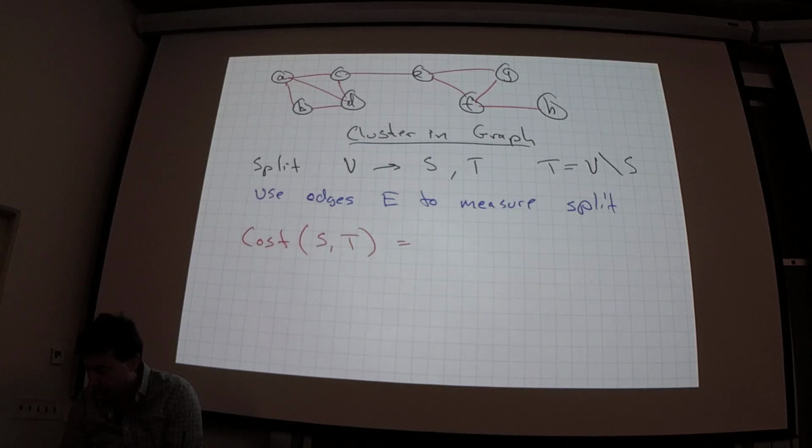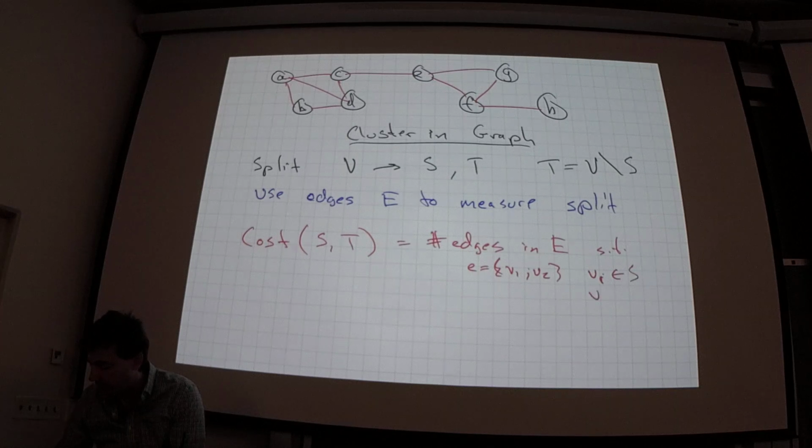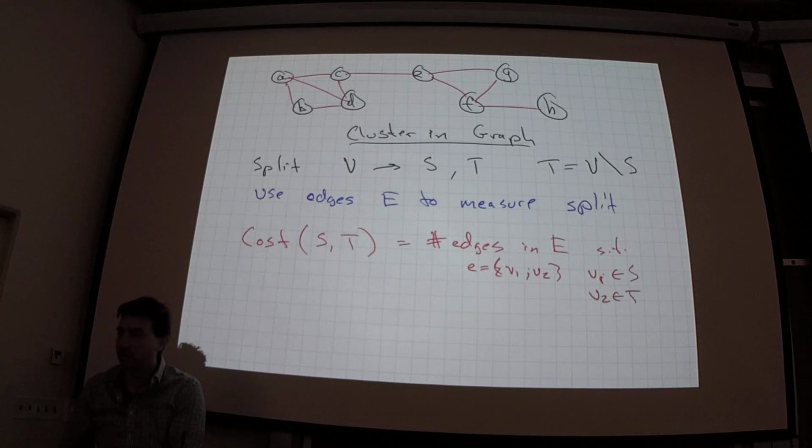number of edges in E such that where E is going to be a vertex set V1, V2, where V1 is in S and V2 is in T. Right?